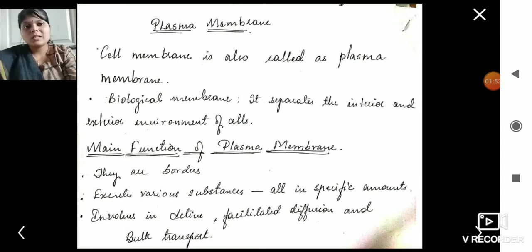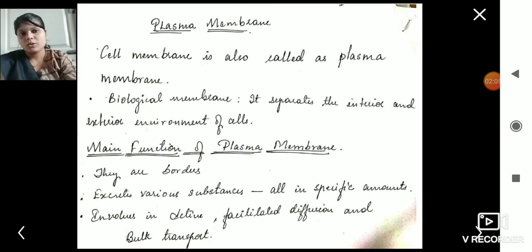Which is necessary and specific to the particular cell, only that is allowed. This is the security guard for a cell, which selectively allows certain molecules into it or outside.